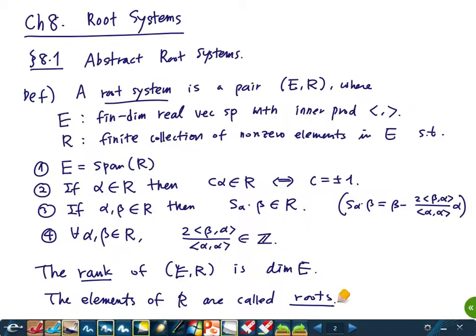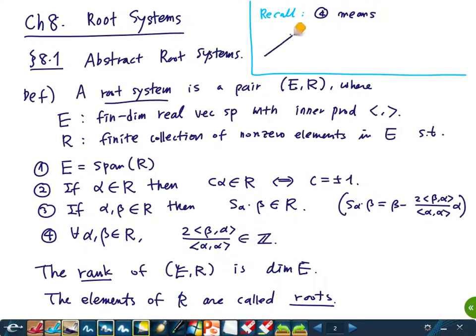Maybe I can recall here the meaning of the final condition. When we have two vectors, say beta and alpha, we can consider the orthogonal projection of beta onto alpha. We can write it as c alpha because it's parallel to alpha.